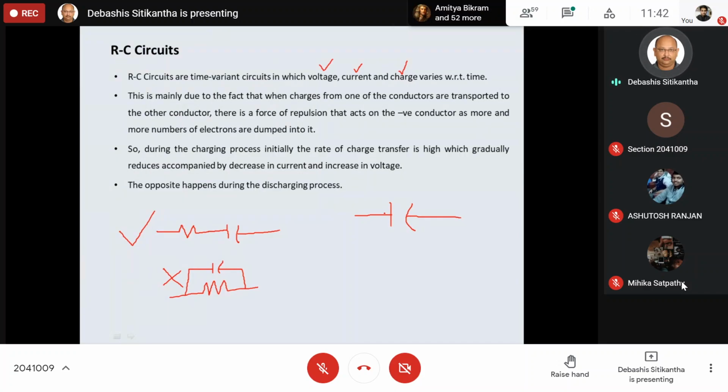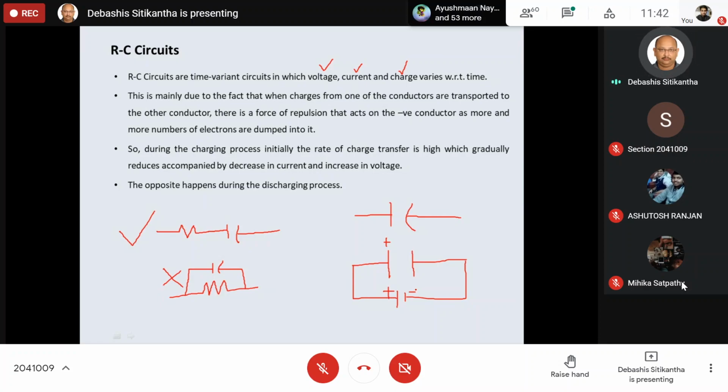So this was a capacitor, and when we were charging it, I told you that when we charge a capacitor by connecting it to a voltage source, the positive terminal is connected to one of the terminals of the capacitor. Similarly, the negative terminal is connected to the other terminal of the capacitor.